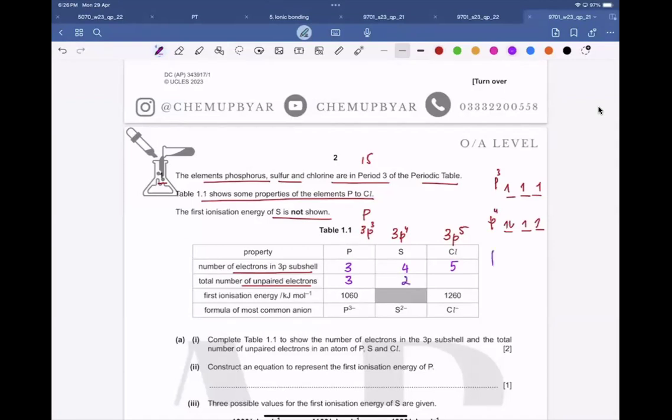And in p5, 1, 2, 3, 4, 5, so 4 electrons are paired and 1 electron is unpaired. Is this clear to all of you? If any one of you has any query, please ask.